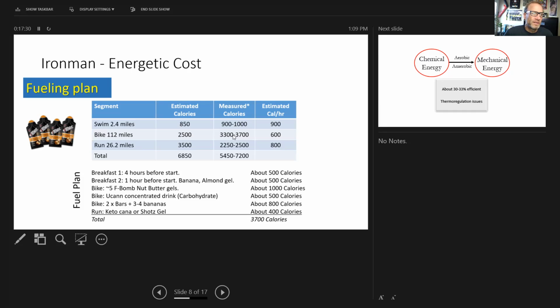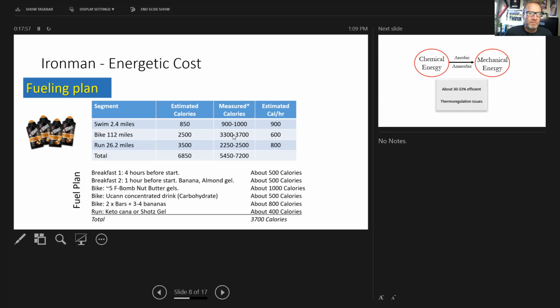Look at the type of fuel I'm going to use, and match that up with what's available on the course. And then I plan out the timing and get a sense for how many calories I'm taking in. In this plan you can see about 3,700 total calories taken in, which is about half of what I actually need to complete this event.